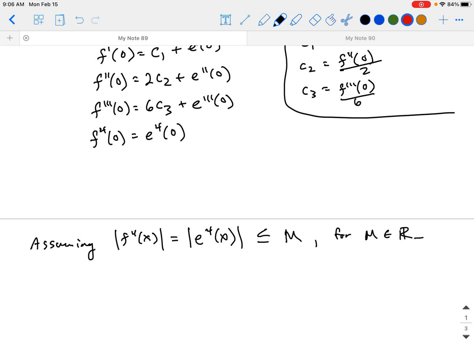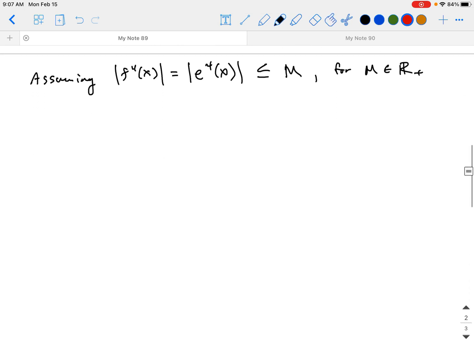So m is an element of the real numbers, and it's going to be a positive number since we're taking the absolute value. Now we're just going to work backwards. We'll start with the fourth derivative of e at x, and what we want to figure out is, can we create a boundary for e?